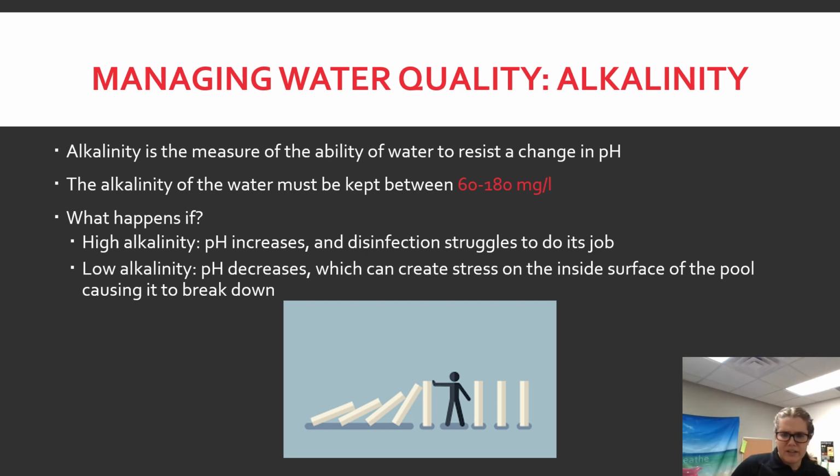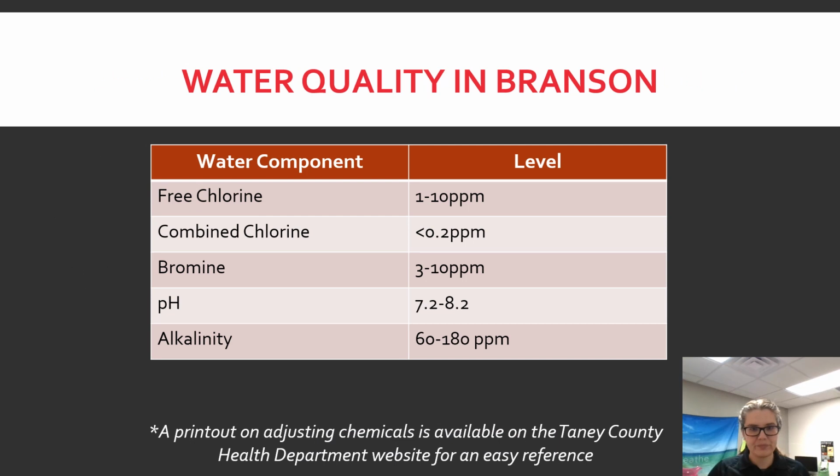You have low alkalinity, so you have low pH. Now we're creating stress on the inside of the pool surface. The low pH and alkalinity causes the walls to break down and you can get flakes into your water. So that's another problem. So that's why it's important to keep it right at 60 to 180 parts per million.